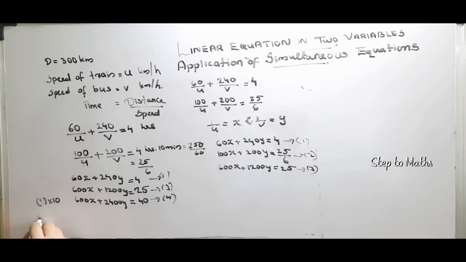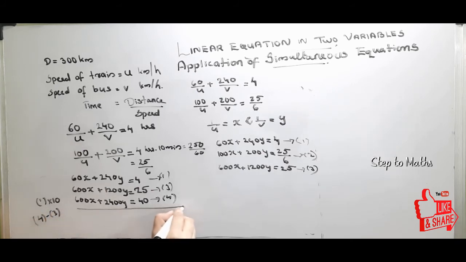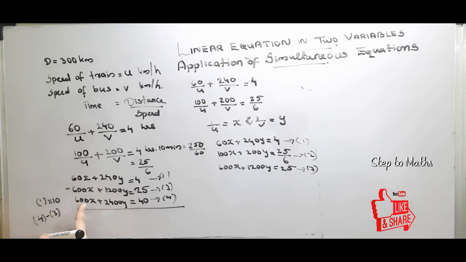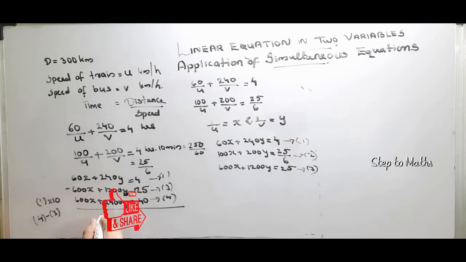Now, equation 4 minus equation 3. 600x minus 600x cancelled. 2400y minus 1200y is 1200y. So 1200y is equal to 40 minus 25, 15.